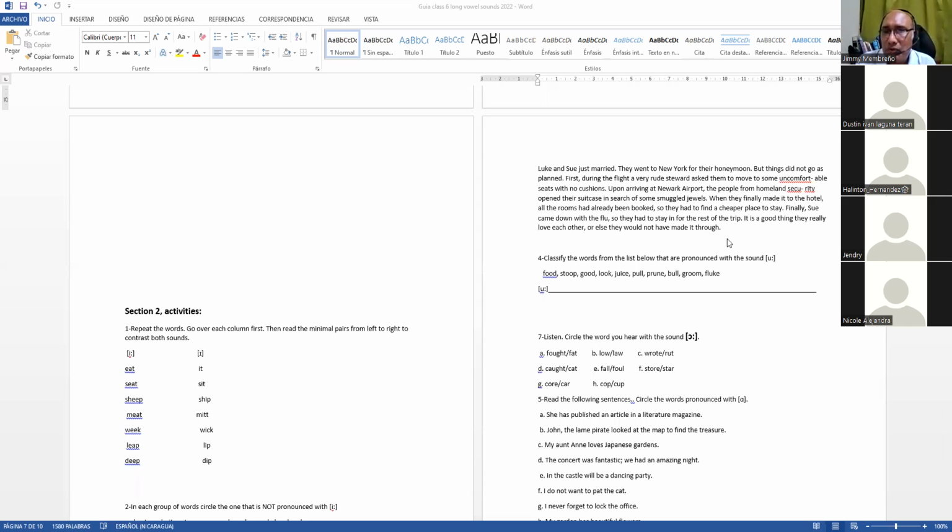They went to New York for their honeymoon, but things did not go as planned. First, during the flight, a very rude steward asked them to move to some uncomfortable seat with no cushions. Upon arriving at Newark Airport, the people from Homeland Security opened their suitcase in search of some smuggled jewels.